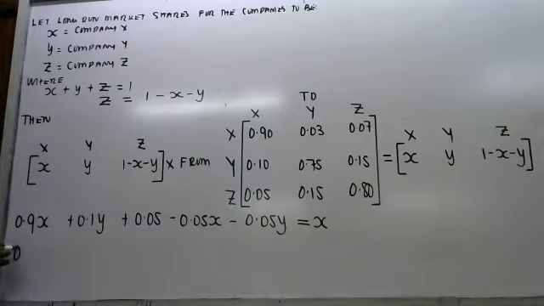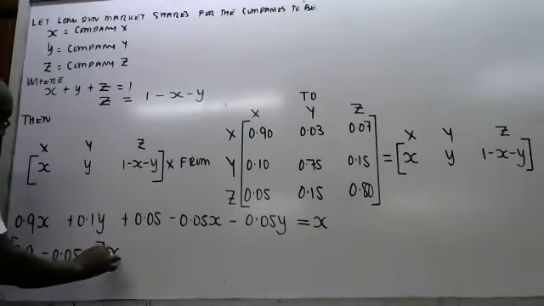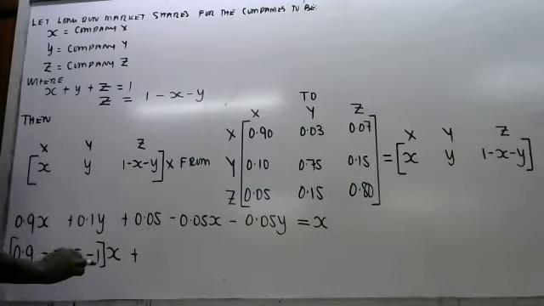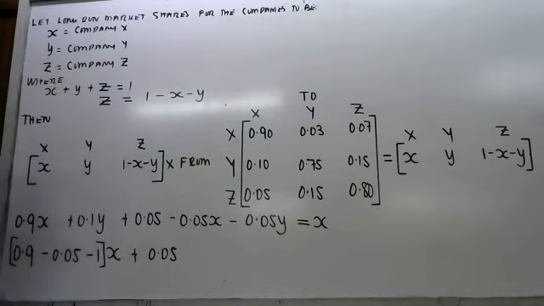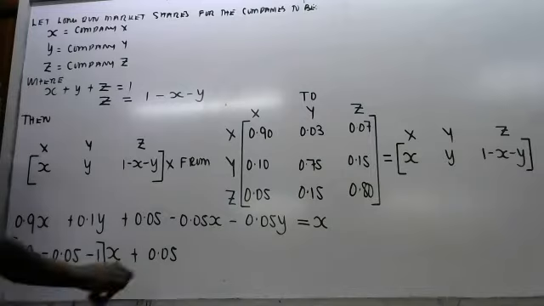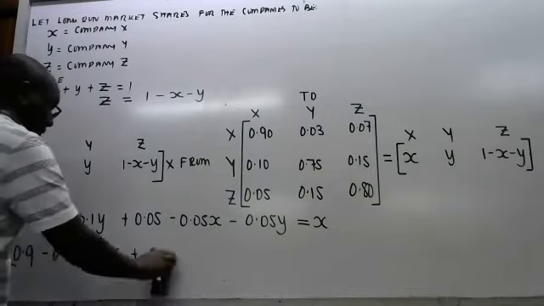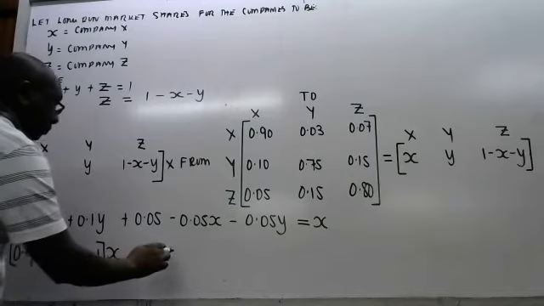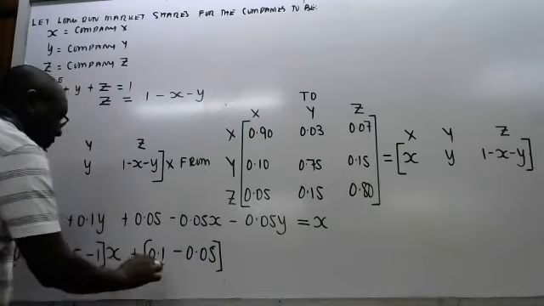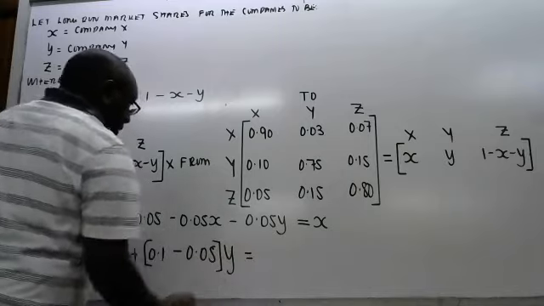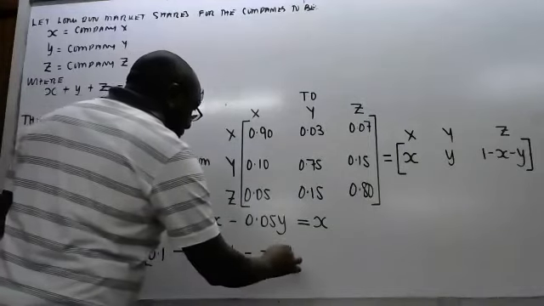Now putting items together, we have 0.9 minus 0.05 minus 1 x, plus for y we have 0.05, I have two of them, this one 0.1 minus 0.05 because of y, equal to minus 0.05.